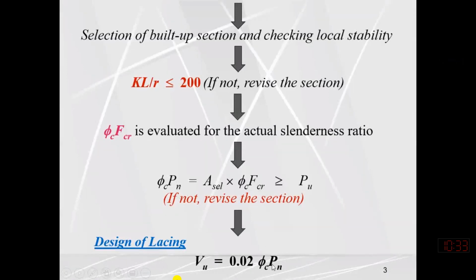So we will not compute the actual Vu by structural analysis using mechanics of materials or theory of elasticity. We may simply assume that the total shear force will be equal to 2% of the capacity. That shear force acts in the transversal direction.